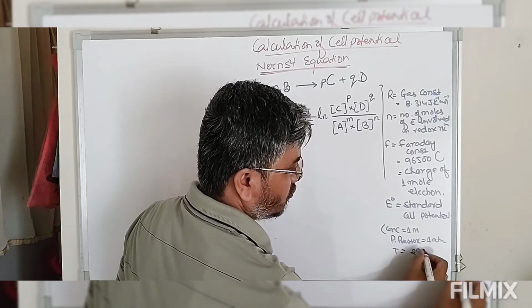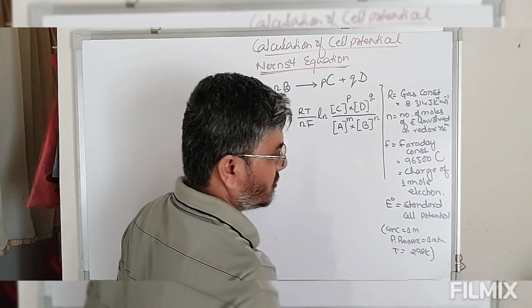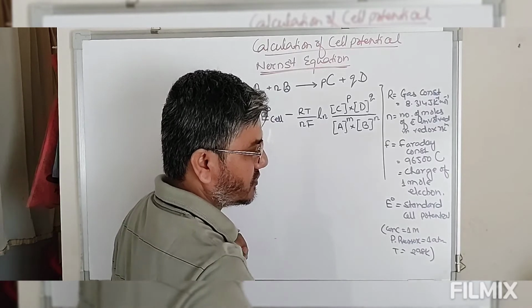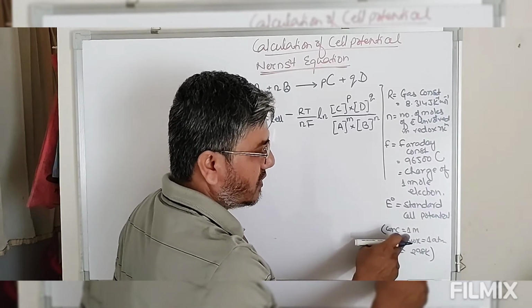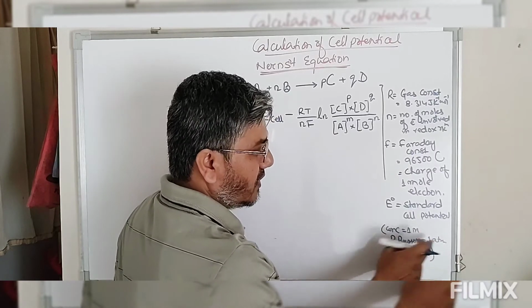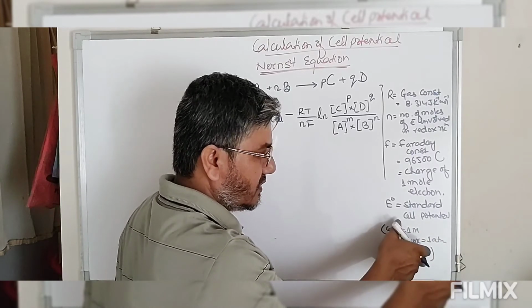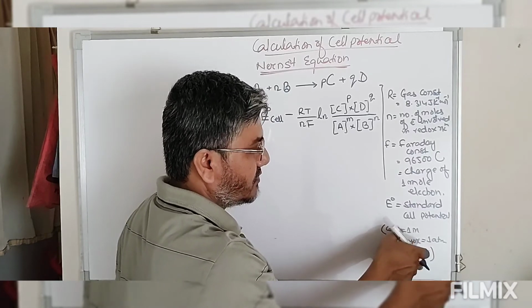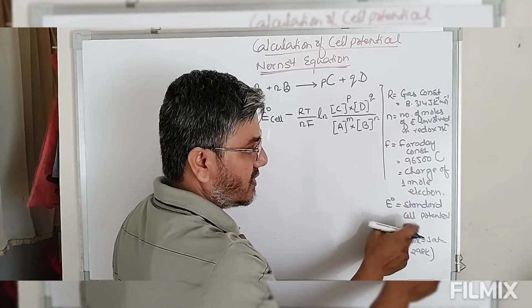Temperature is 298 Kelvin. So the potential difference developed when the concentrations of electrolytes are 1 molar, the pressure of gas is 1 atm and the temperature is 298 Kelvin is known as the standard cell potential.